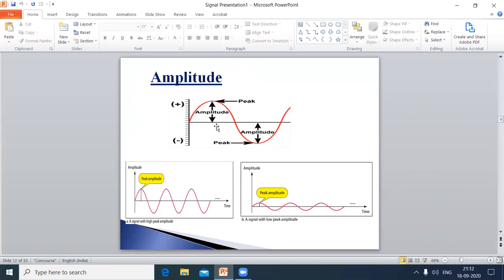The peak amplitude is calculated from the center point to the highest point. A signal with the highest peak is a high peak amplitude signal. Another one, where the peak value is low, is a low peak amplitude. It is an amplitude that is called plus or minus.